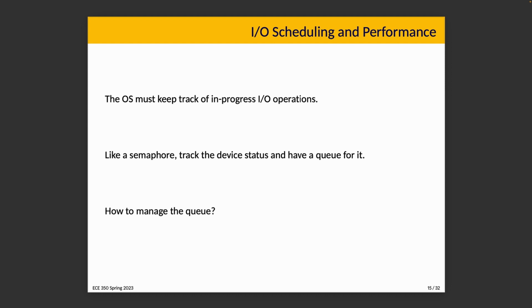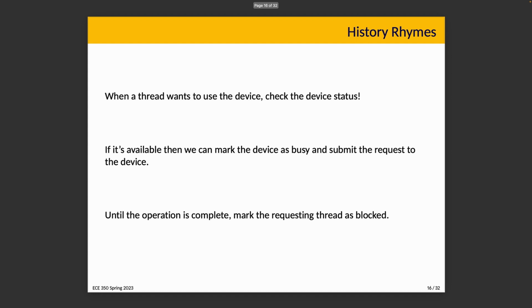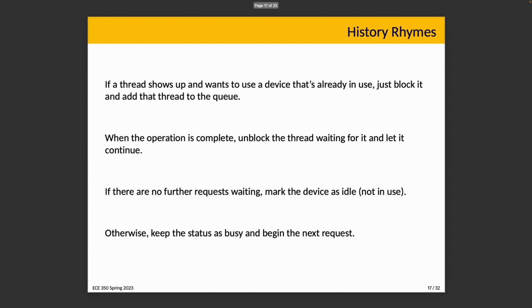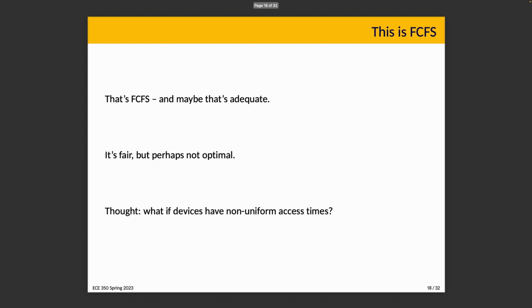Okay, now the scheme that I just described is first come, first served. And if that's the case, well, it's maybe adequate. It's fair, but it's not necessarily optimal. We've discussed in scheduling the idea of how you give a process priority, and sometimes priority is based around just choosing how to schedule it for CPU time, but there's no reason why it couldn't also apply to how we choose to schedule I/O.